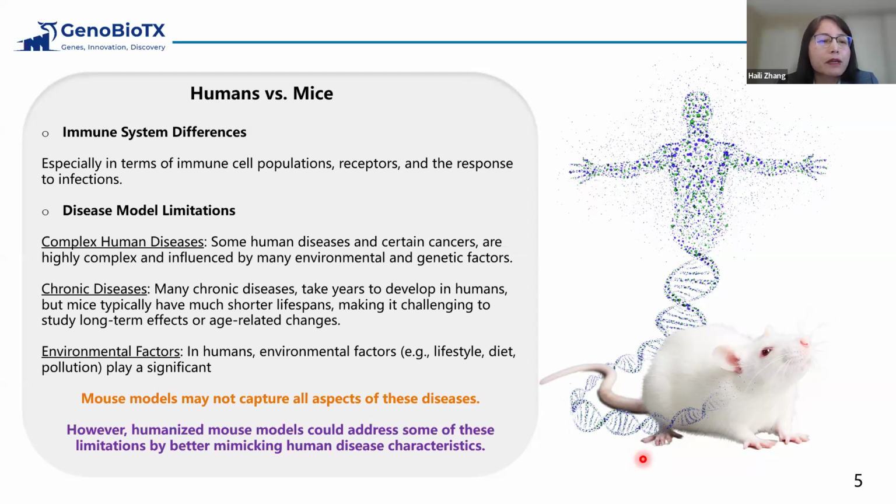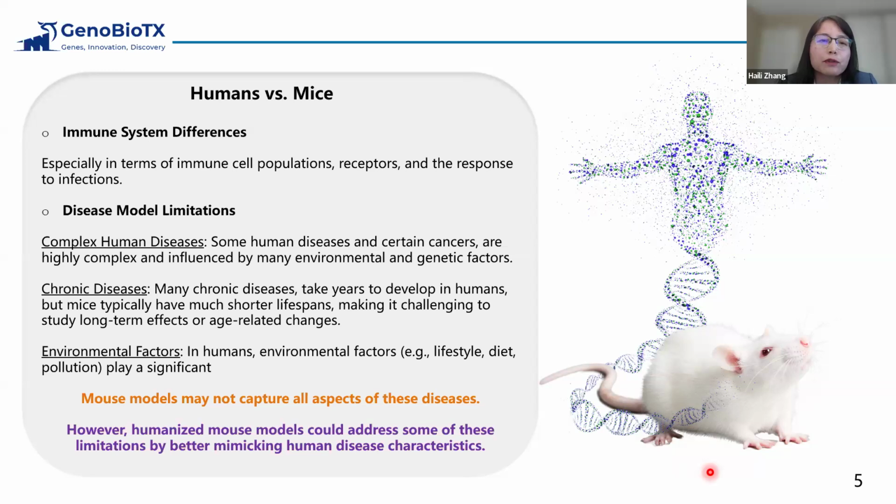Additionally, some human diseases, such as neurodegenerative disease and certain cancers, are highly complex and influenced by many environmental and genetic factors. Also some chronic diseases in humans, such as cardiovascular disease or autoimmune disorders, take years to develop in humans, but mice typically have much shorter lifespans. So most models may not capture all aspects of certain diseases.